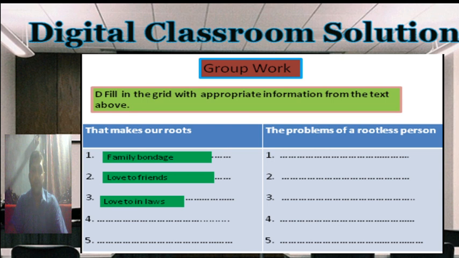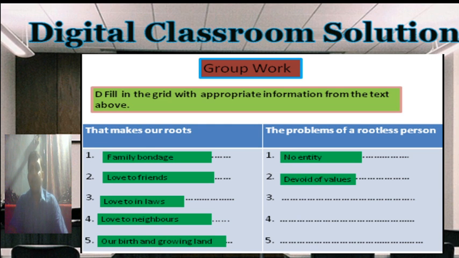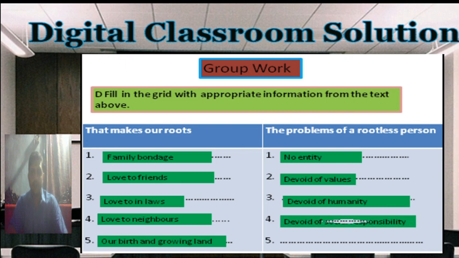Third, love to in-laws. Fourth, love to neighbors. Our birth and growing land. The problems of the rootless person. First one, no entity. Number 2, devoid of values. Number 3, devoid of humanity. Number 4, devoid of social responsibility. Number 5, feeling of emptiness.